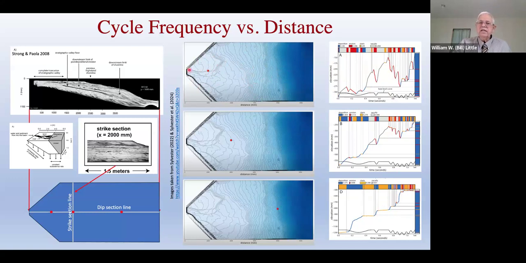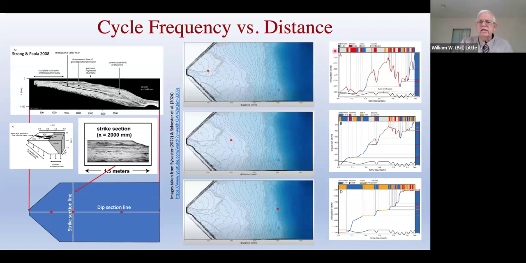So as we would anticipate, in the proximal area where base level comes into contact with the shoreline, as it rises and falls, we're going to see significant episodes of deposition and also of erosion, and much of the sediment that was originally deposited is going to be removed, and we're going to have a very incomplete stratigraphic record that is present.